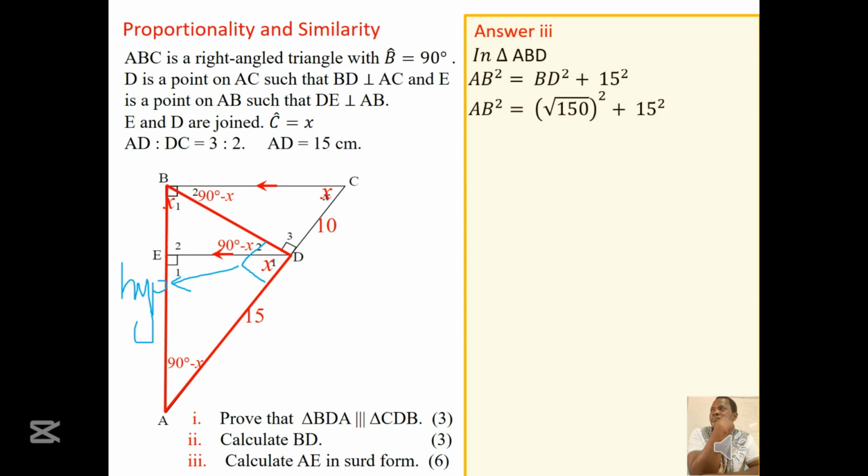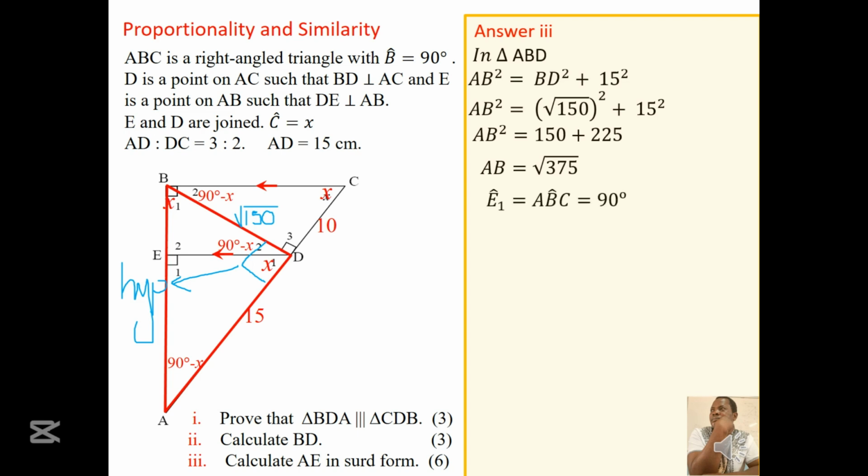That is the theorem of Pythagoras. Then BD is already there from our previous calculation. It's the square root of 150. We calculated this in number 2. Then the value of AD is given. It is equal to 15. So we can use the theorem of Pythagoras in that case and square these two sides, and that will give us the length of line A to B.